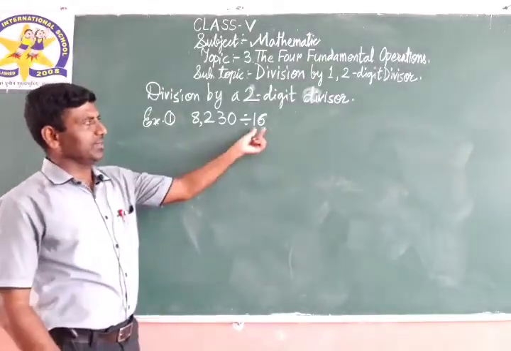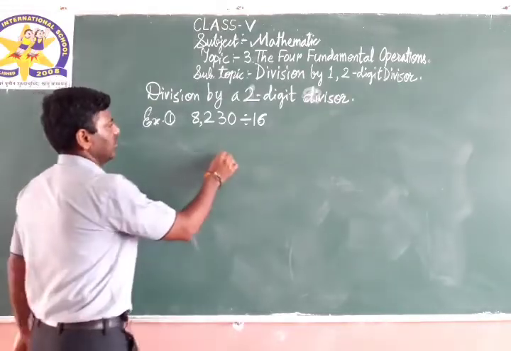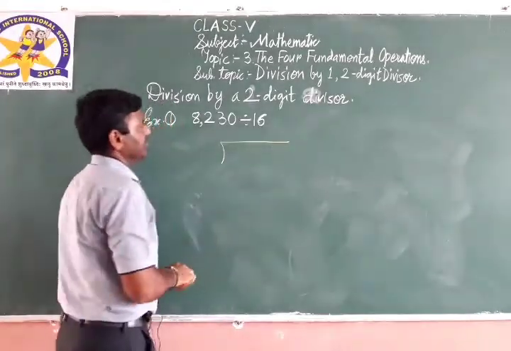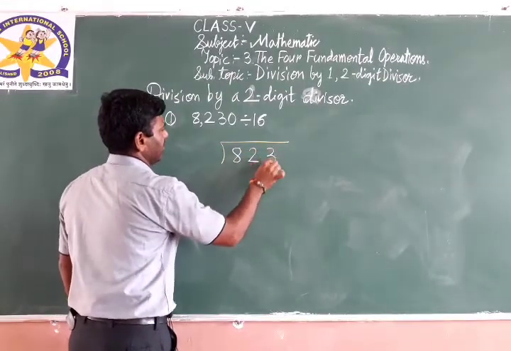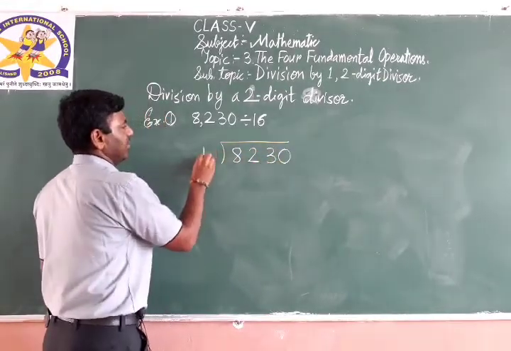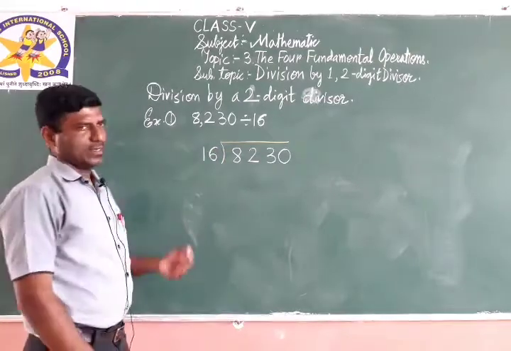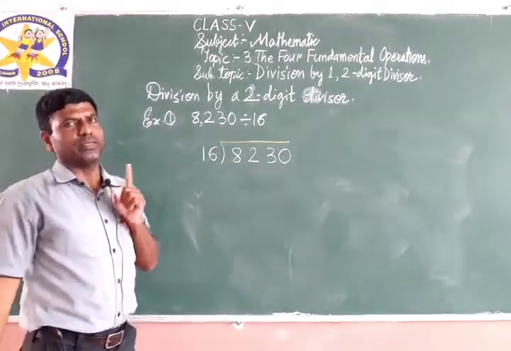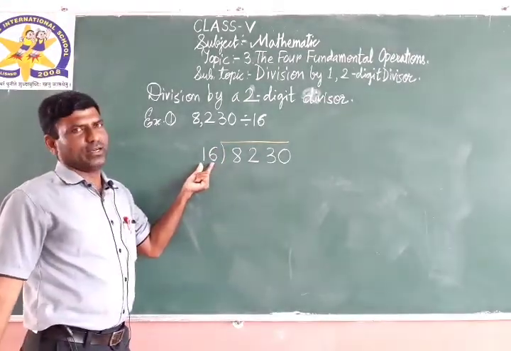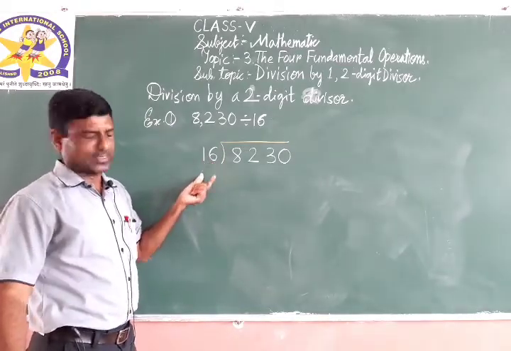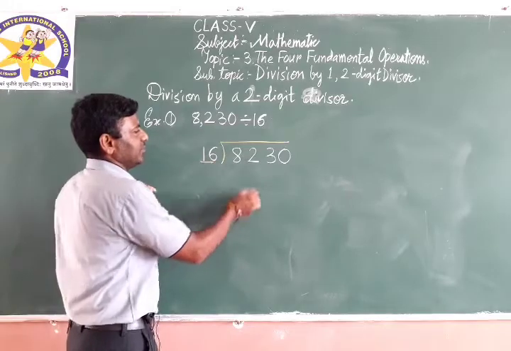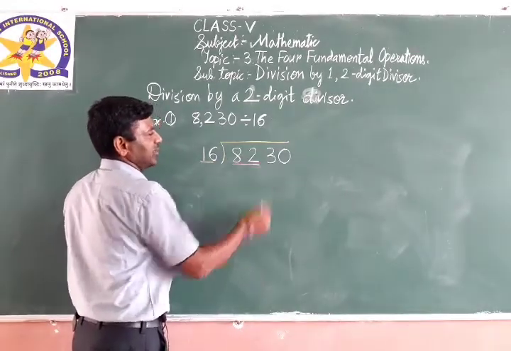Right, this is a two digit divisor. Now divide 8230 by 16. First rule of division, focus on the divisor. Check how many digits the divisor has. It is a two digit divisor, so focus on two digits of the dividend only.